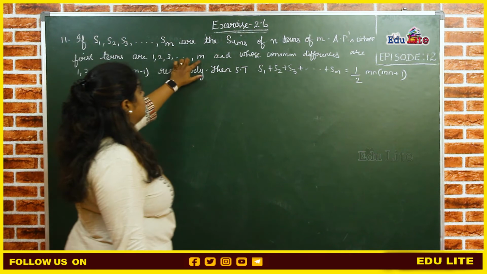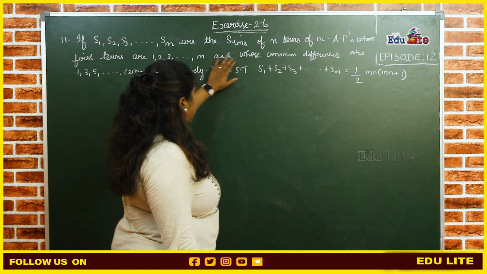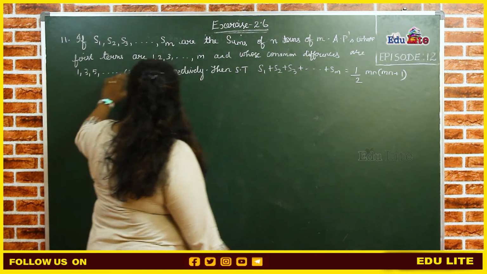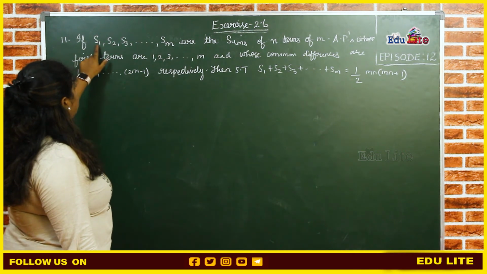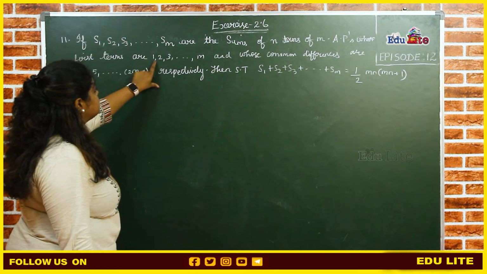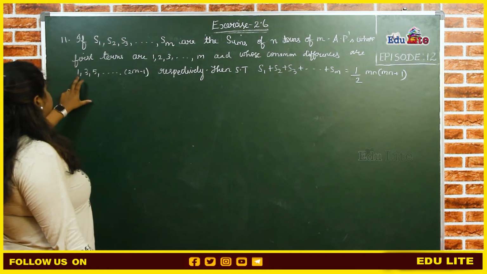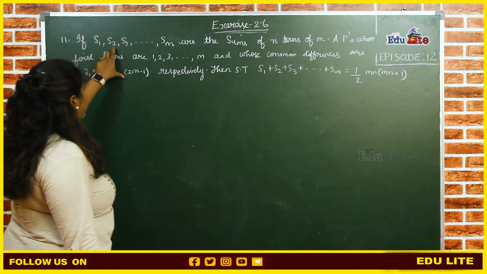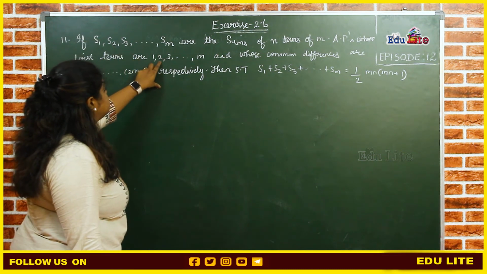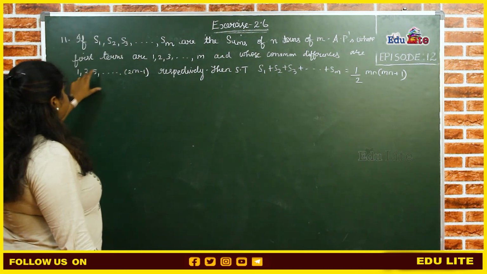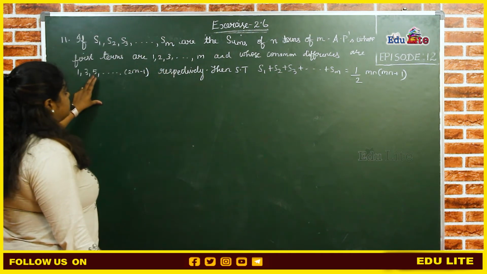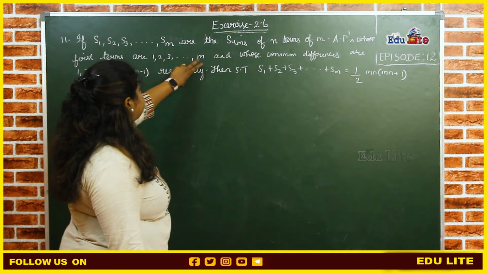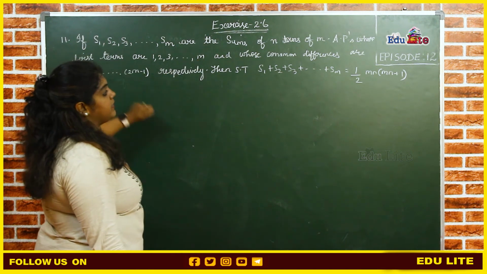Accordingly for Sm the first term is m, and whose common differences are 1, 3, 5, up to 2m minus 1. So for S1 the first term is 1 and the common difference d value is also 1. For S2 the first term is 2, common difference is 3. S3 first term is 3 and common difference is 5. For Sm first term is m, common difference is 2m minus 1.